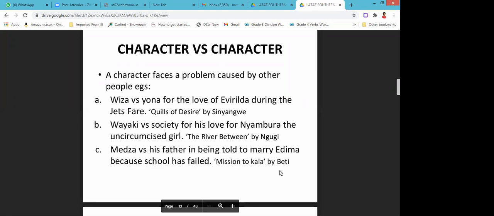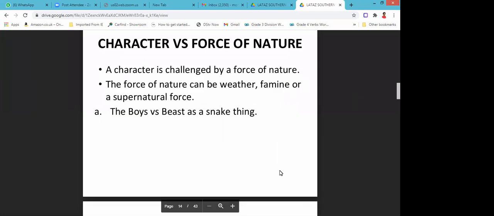In The River Between, Medza versus his father, being told he should marry Edima because he failed in school. He didn't manage to finish and he came back home. So that's a conflict he has with his father.